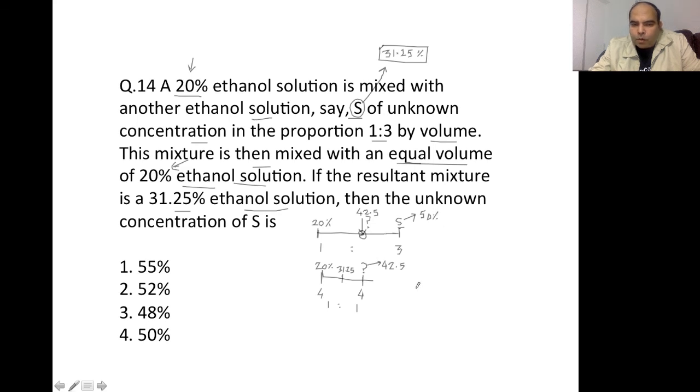Alternately, you could have simply solved this with 20 into 1 plus 3 into S plus 20 into 4 divided by 8 equals 31.25.